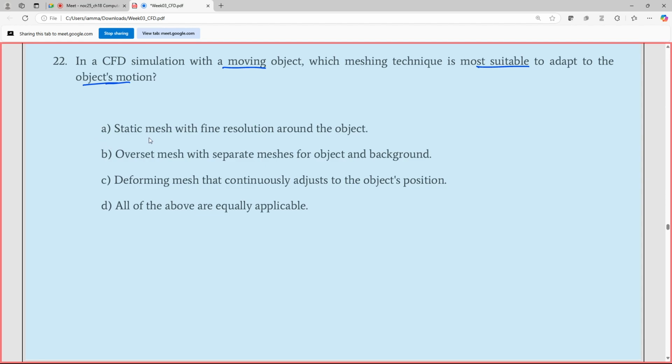Option A, static mesh with fine resolution around the object. Option B, overset mesh with separate meshes for object and background. Option C, deforming mesh that continuously adjusts to object's position. Option D, all of the above are equally applicable.